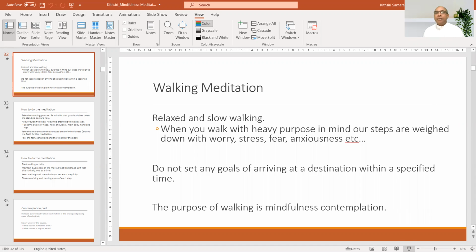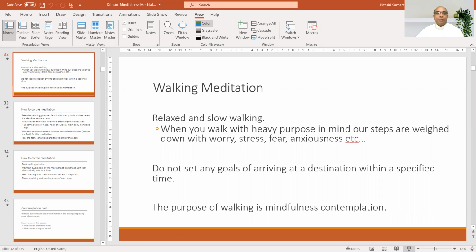Remember, during breathing meditation, what was the area? We selected the nose and the mouth area for maintaining our awareness. Same way, this time the area is shifted from here to the feet. So the area to be mindful about throughout the meditation is the area of the feet.